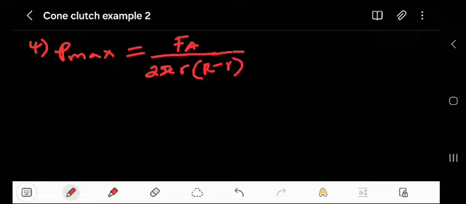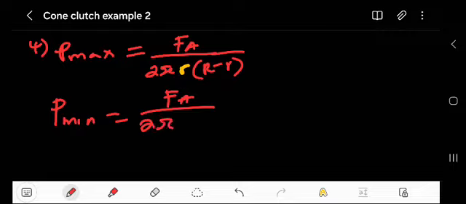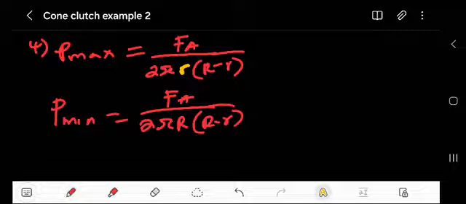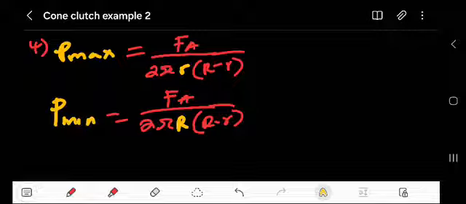When it's a maximum, we have the small r outside. But if it's a P minimum, we'll have big R instead of small r. You see, the difference is here. Be very careful between maximum pressure and minimum pressure. The difference is only this r: this will be small r, this will be big R. Do not make a mistake about that, right?